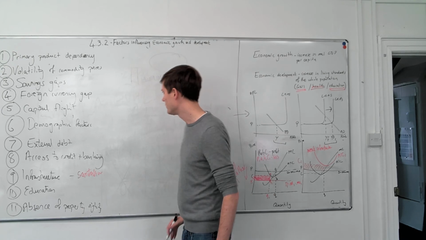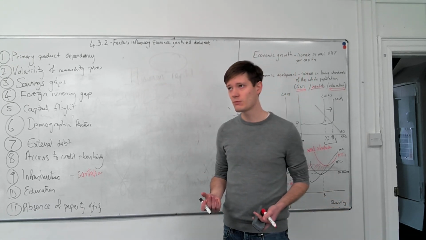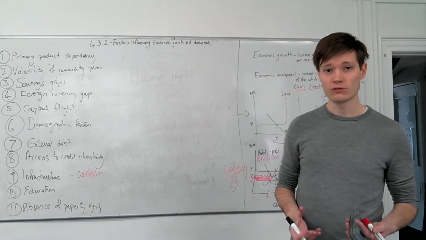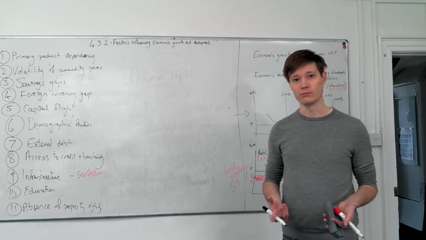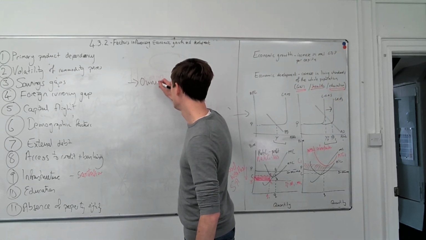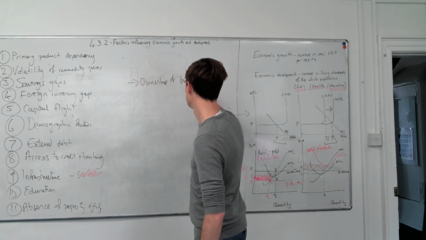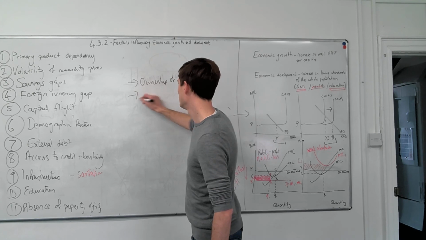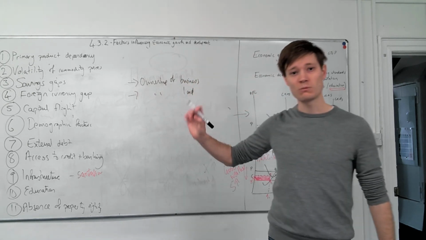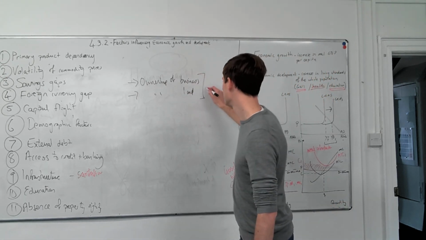But absence of property rights essentially means that if you can own a business, so if you're able to own your own land or your own business, that results often in more investment, it's more stability. So the ability to ownership of businesses or land, if you are able to own those things and people can't take them away from you, you're more likely to invest.